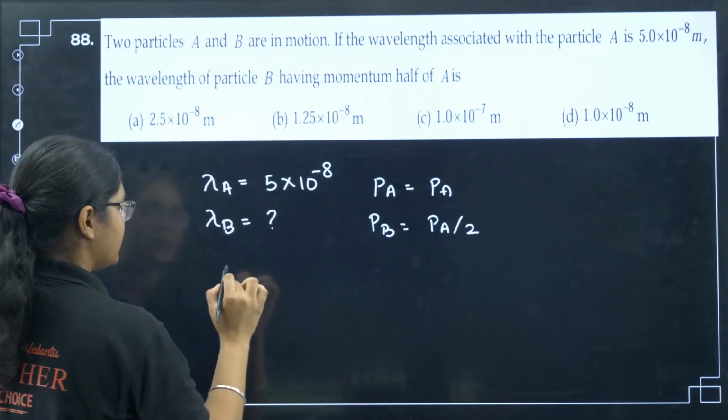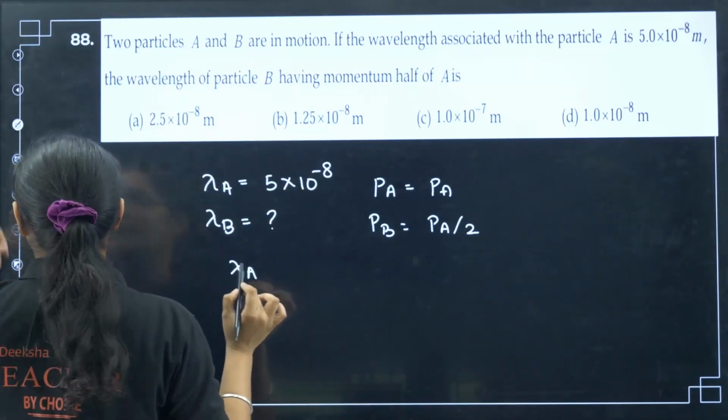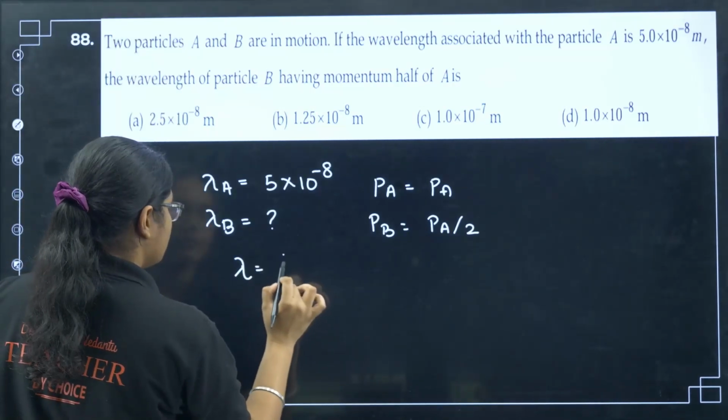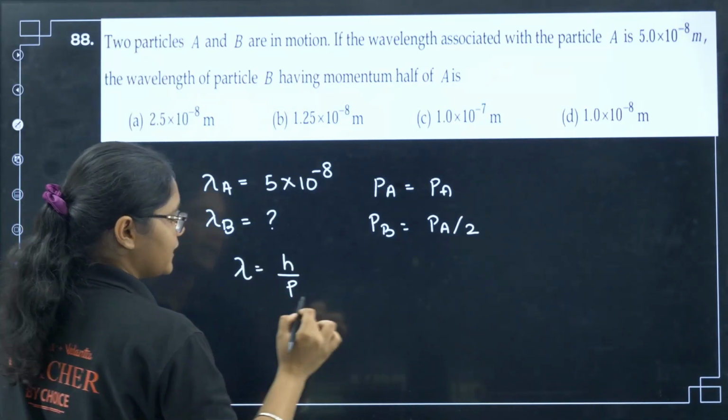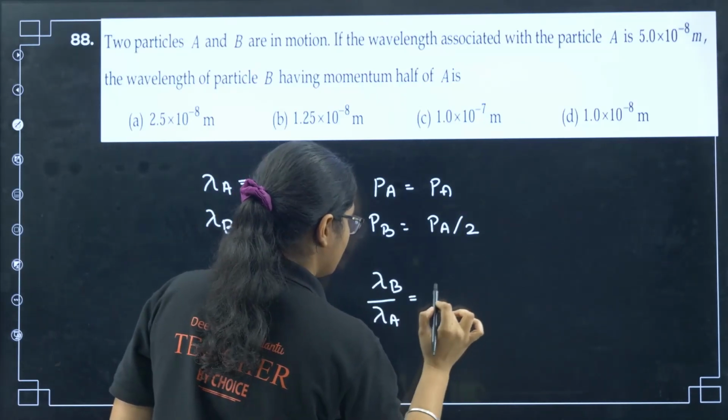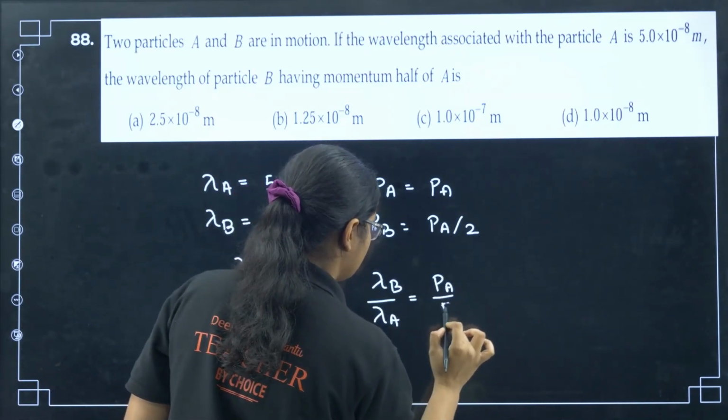Now I know lambda is equal to h by p. So I can write lambda B by lambda A is equal to PA by PB.